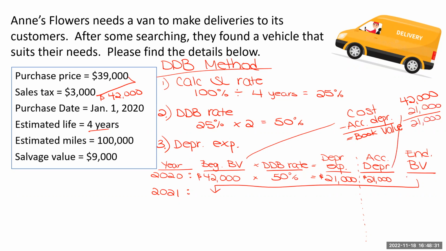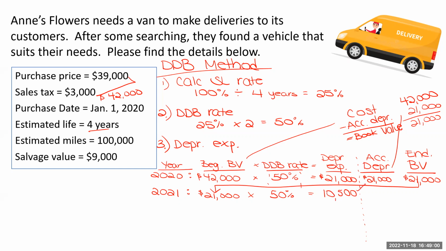Okay, it's nice when it's a 50% rate. Very nice. Makes our calculations a lot easier. Now the rate stays the same. It's not going to change once you calculate it, just like depreciation expense per unit in the last method stays the same. Okay.